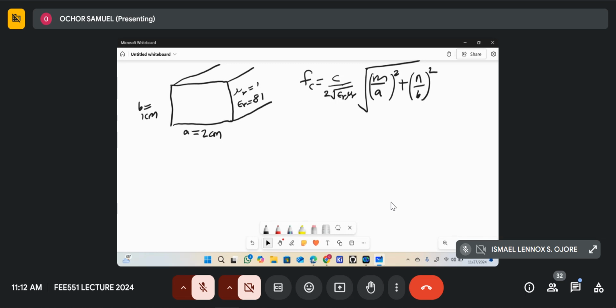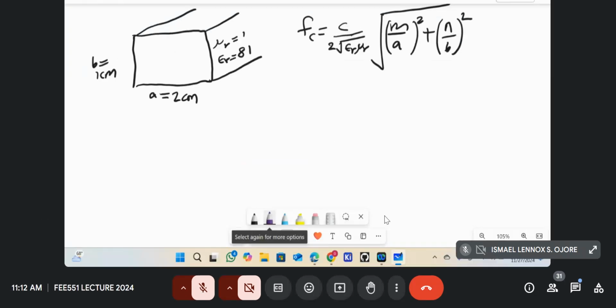So if we are to find the first 8, I think the best way is to put these into the calculator so that you can populate for different values of m and n.